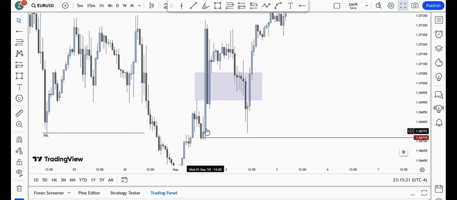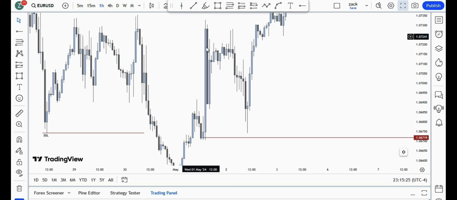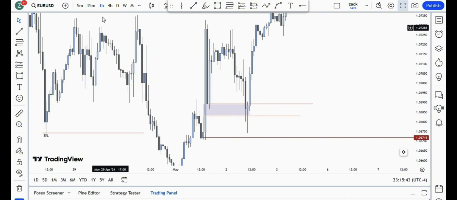As you can see, we have 1, 2. Let me delete this one. Why am I whispering? As you can see, we have 1, 2, 3. This candle's high, this candle's low. There's a gap. So this would have been your entry.